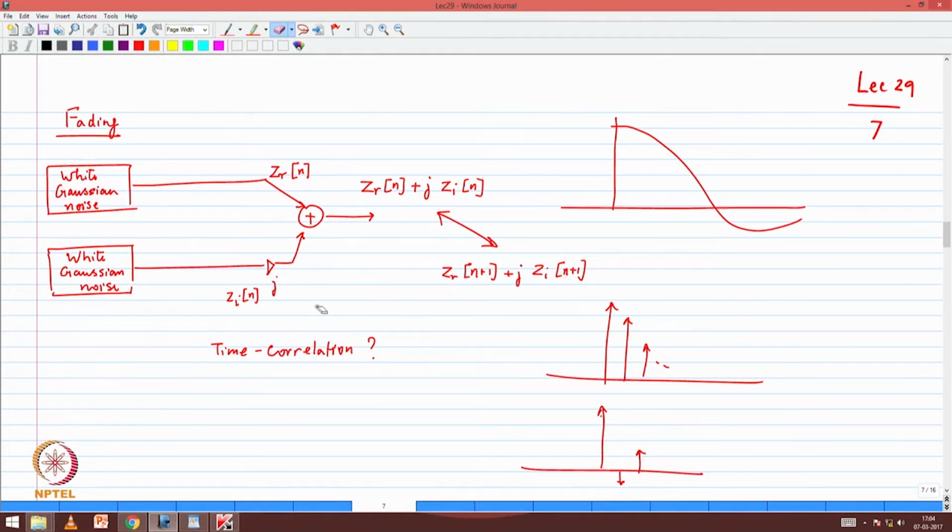But I know that I must have, in the time domain, an autocorrelation RH of delta t. I must get some P naught times J naught 2 pi FD delta t. I cannot get independent samples from instant to instant. So this is not allowed. This is independent from time instant to time instant. What I need is this type of correlation, but how do I force my Gaussian noise to have that time correlation?